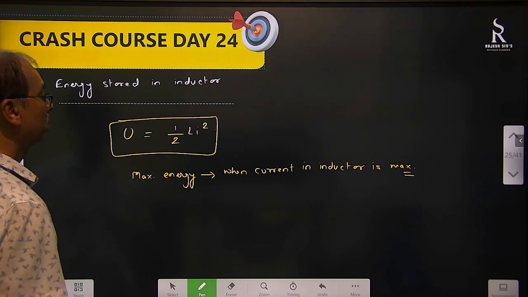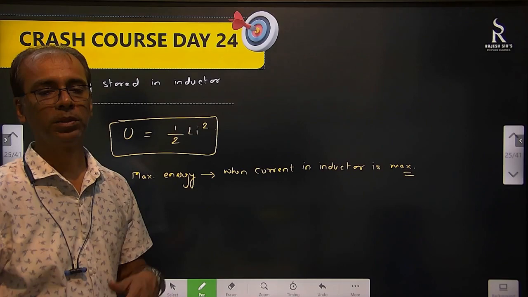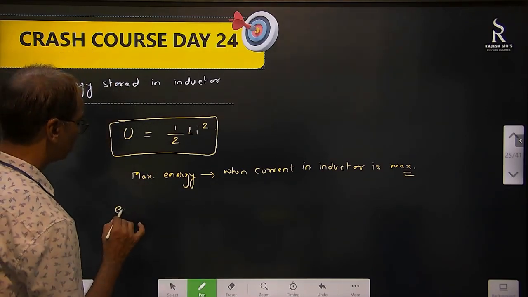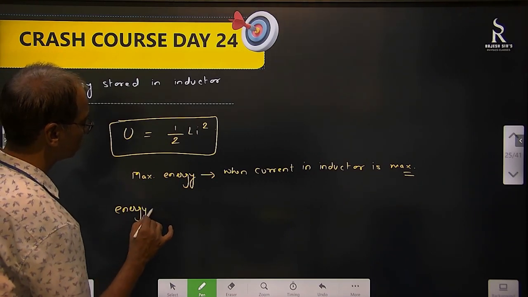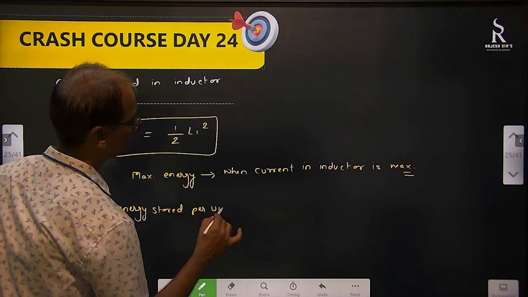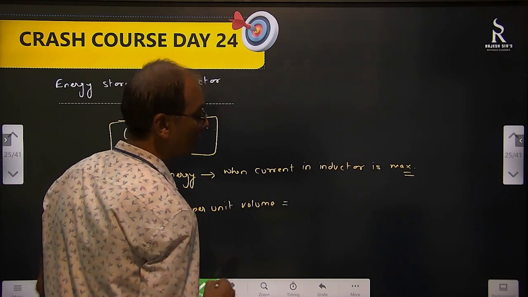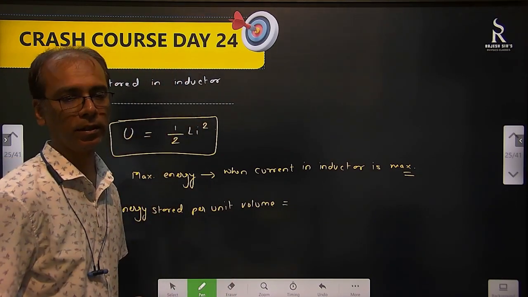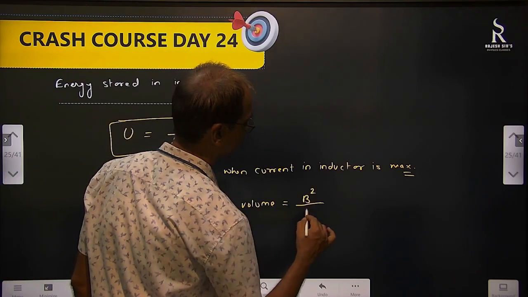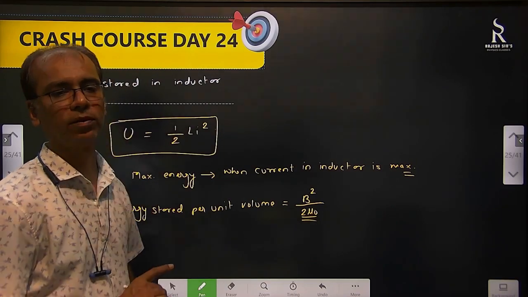Alright. Then you also have energy density, that means energy stored per unit volume. The same thing is there in capacitor also, energy stored per unit volume, which is energy density. So here this energy density is B square by 2 mu naught. For inductor we are talking, what is the magnetic field inside the inductor?